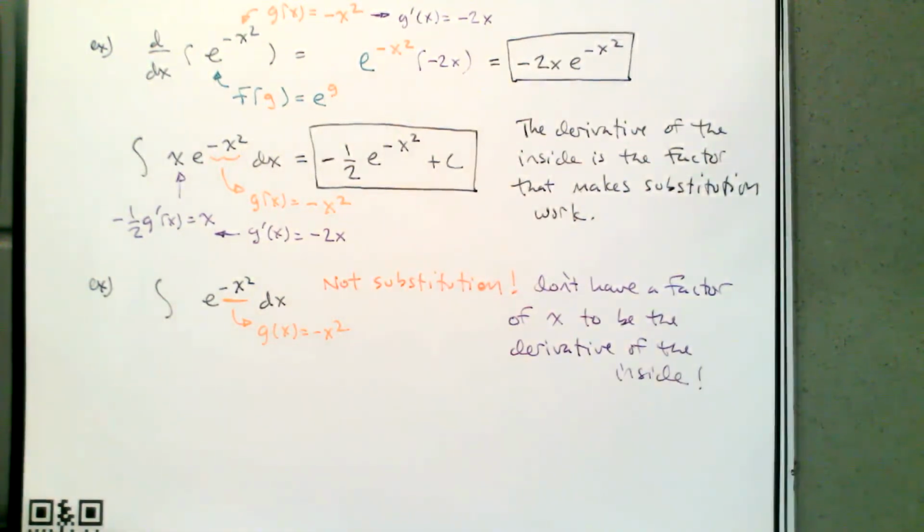In this case, this integral is not substitution because we don't have a factor of x to be the derivative of the inside. So substitution is off the table for this integral.